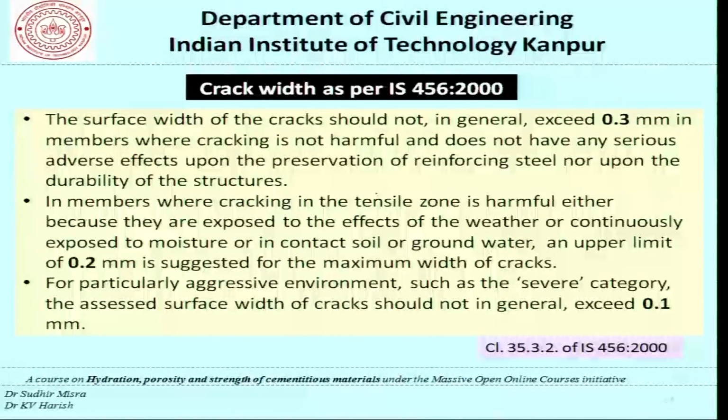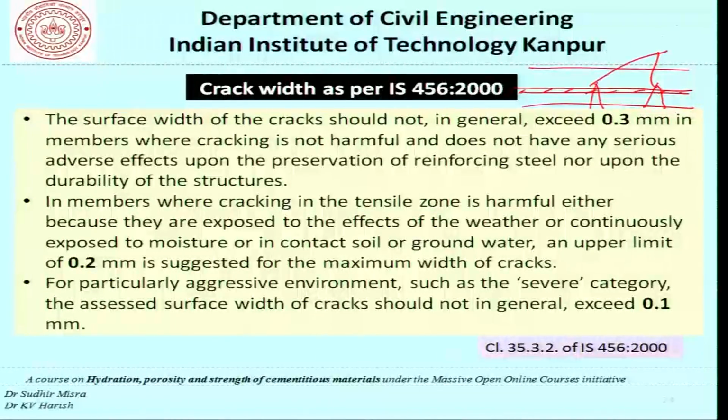And the last thing that we need to talk about is the crack width, that is the flexural crack width in most cases. We must remember that as far as concrete structures are concerned, especially if it is a beam, there is always a possibility, in fact reinforced concrete structures are designed with that possibility, that if there is an application of load, we will have certain cracks, and these are the flexural cracks that we expect.